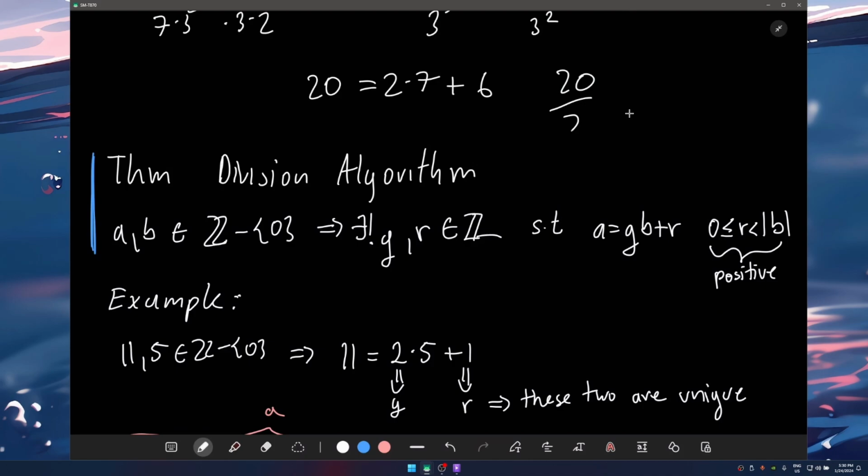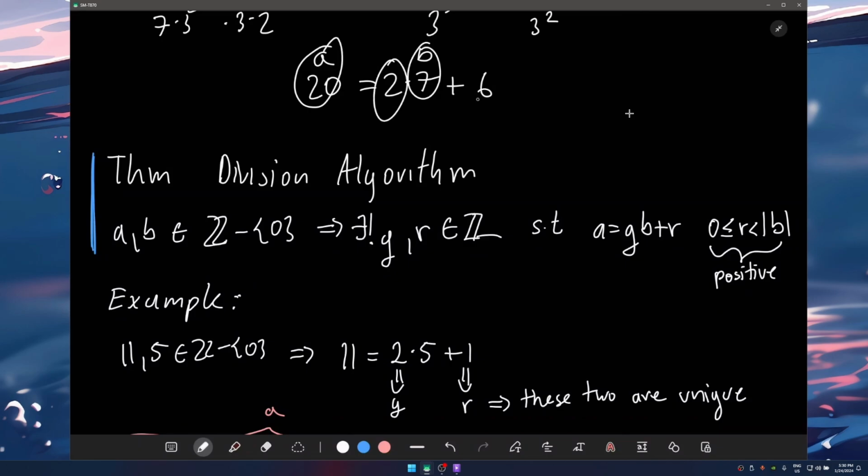Or you can say 20 divided by 7 is 2 plus a remainder of 6. And the point is that in this way of expressing numbers, this is A and this is B, and these two numbers, this is called a quotient and this is called the remainder, right? But I like to call this a multiplier and this a remainder because, I don't know, it feels nicer.